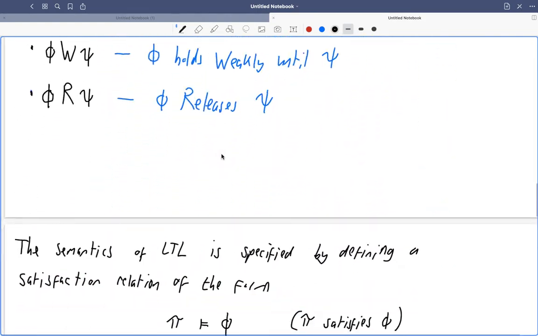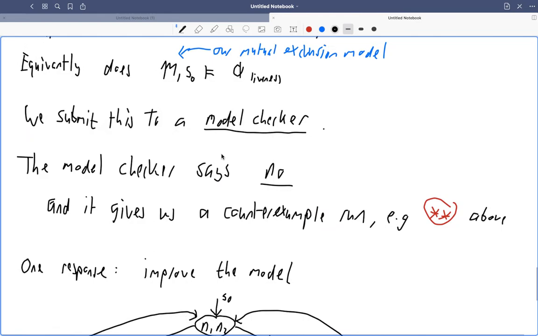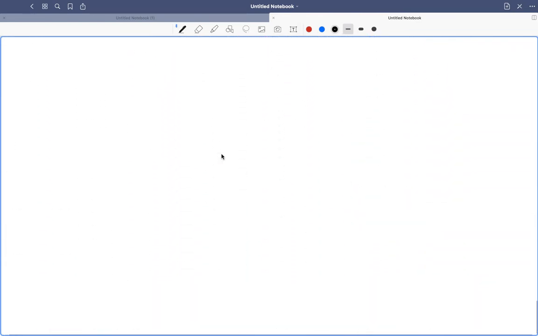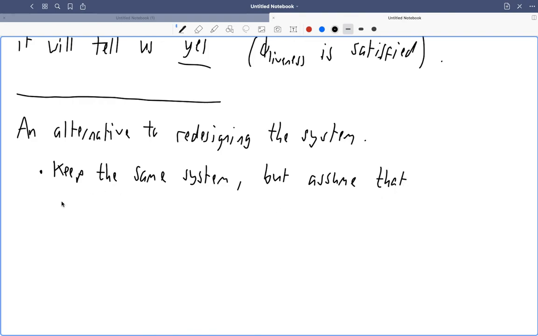So we can also do that within the context of LTL. So the alternative is, keep the same system, but assume that it behaves in a fair way.